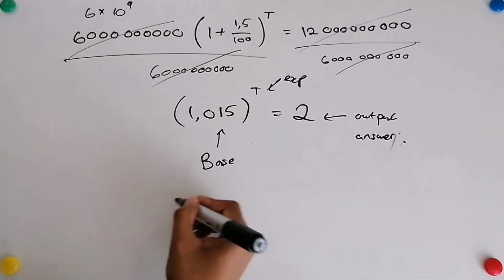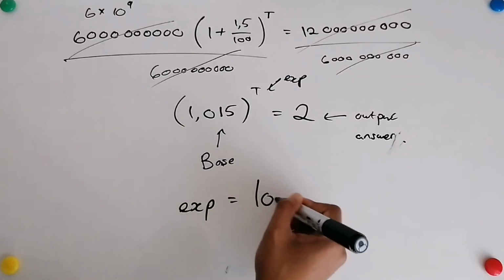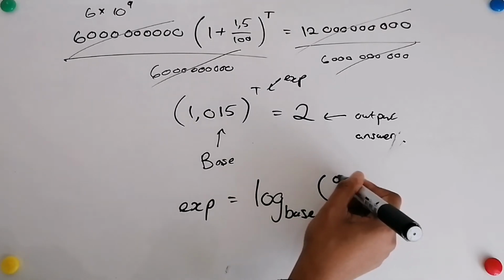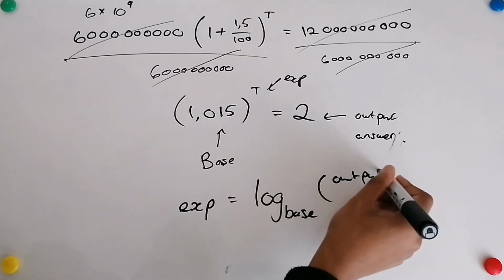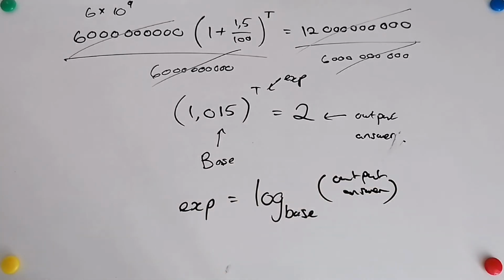Remember that our log law says that an exponent is equal to the log of the base, and in the bigger brackets the output answer. So we can just use log to solve this.